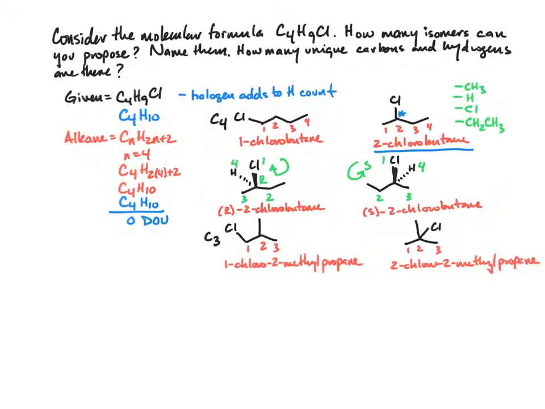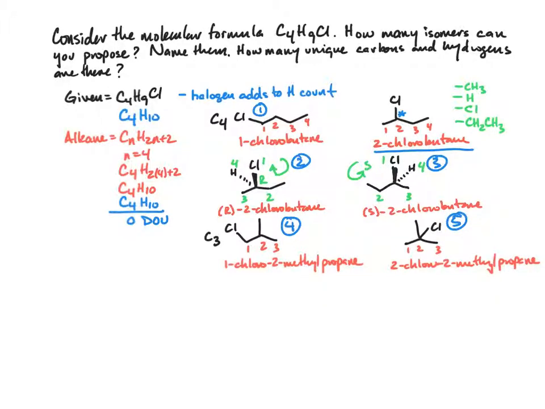So we've answered the first question, the first prompt, completely. We've figured out there are 1, 2, 3, 4, 5 different isomers that we can draw.